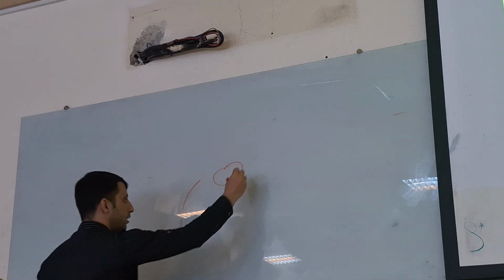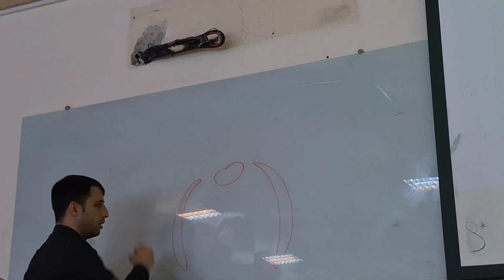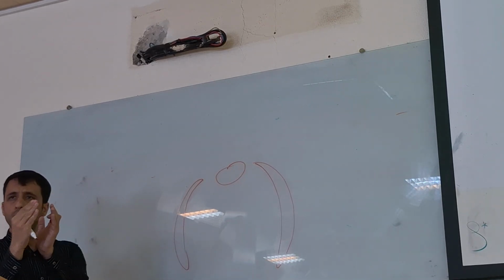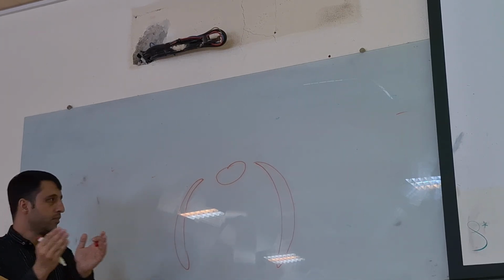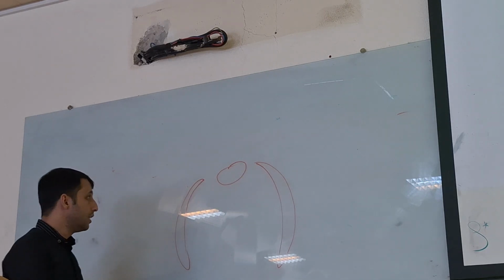Laterally is the labia majora. Labia majora are the folds of the skin which also contain sebaceous glands in this area.